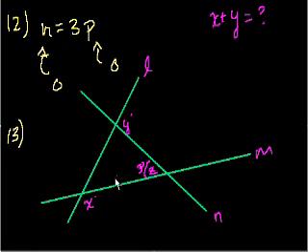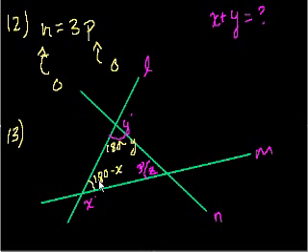Well, what can we figure out? What do we know about this angle right here? It's supplementary to y, right? So this is kind of the angle game, but with a little bit more variables than normal. It's supplementary to y, so this is going to be 180 minus y, because y plus this angle have to equal 180. And for the exact same reason, this angle right here is 180 minus x.